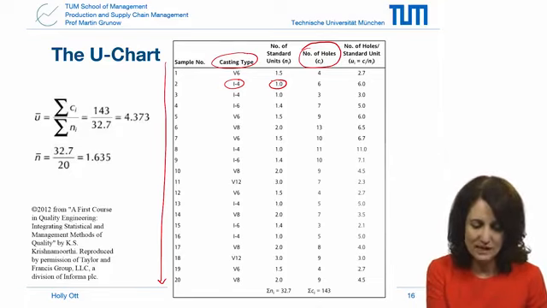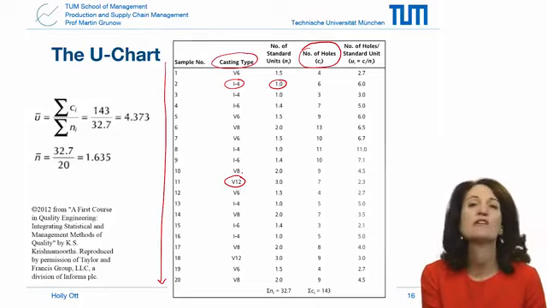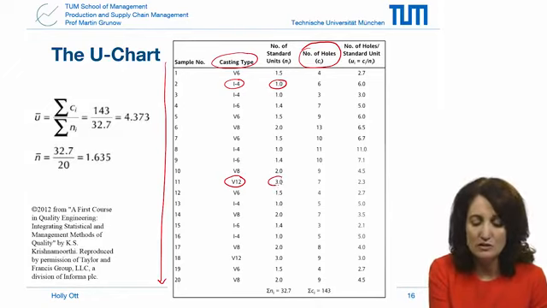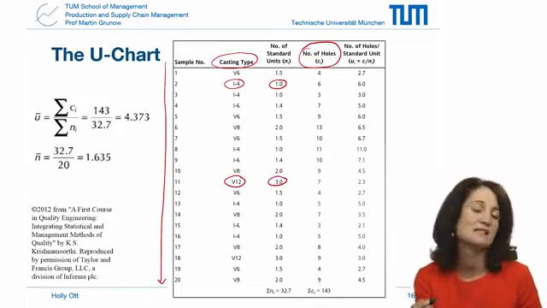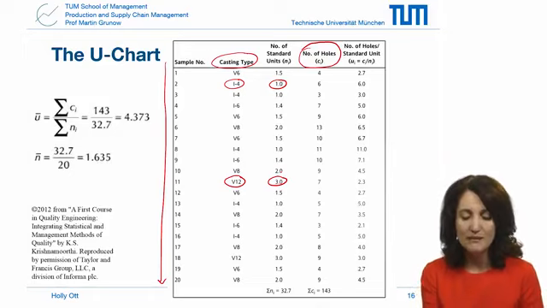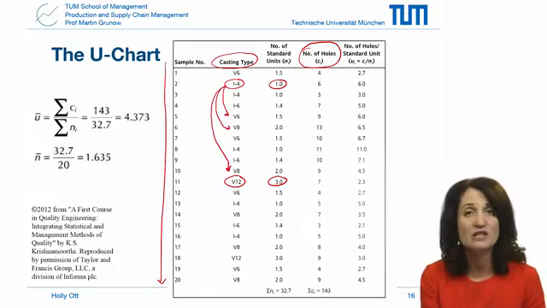But if you have, for example, a V12, it must be much bigger. They're looking, in this case, at the surface area. The surface area here represents opportunities for defects of the molding process. We're telling you this in this example, but this would be something that the quality team would have to decide: what makes up a standard unit and why, and how can we then translate all of these other types of casting types into a standard unit represented by I4.